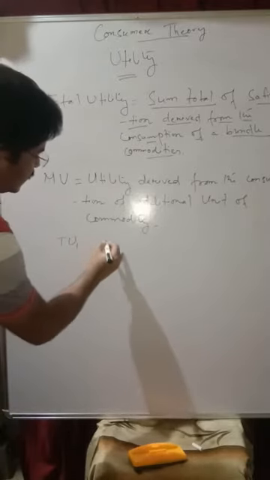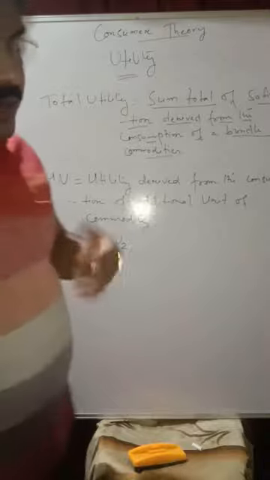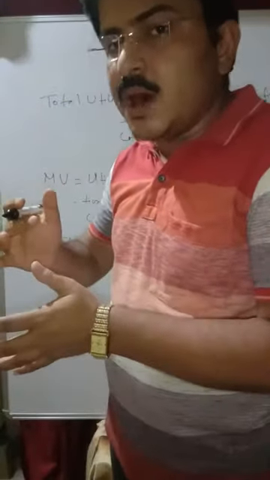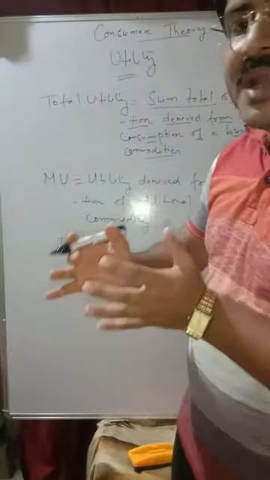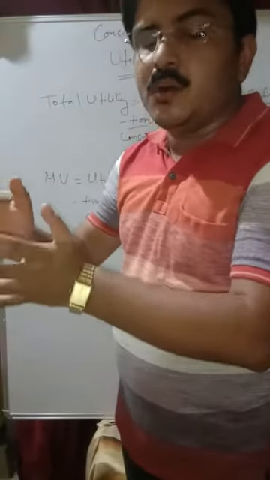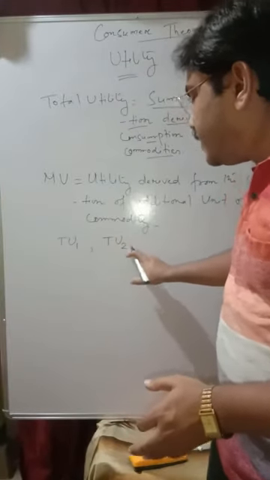And the utility derived from the second unit, after consumption of the first unit, if you consume the second unit of rasagulla, is given by TU2, the total utility from the second unit.